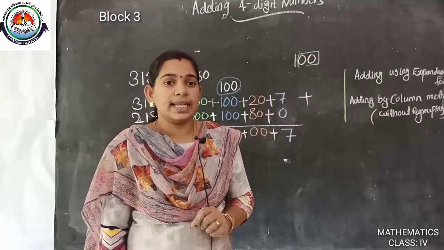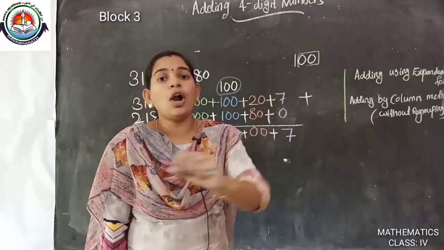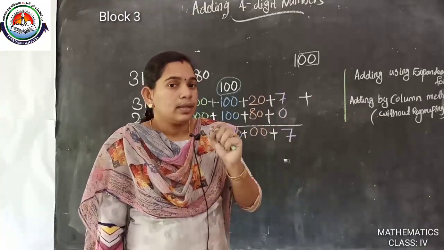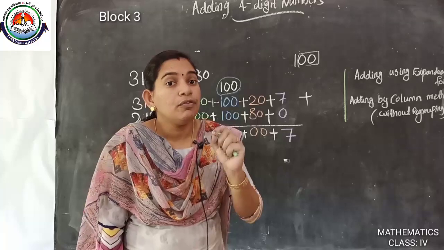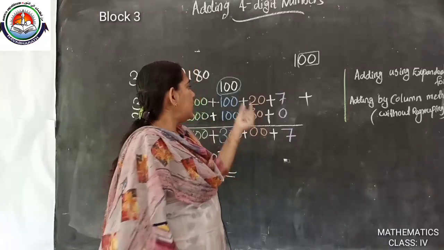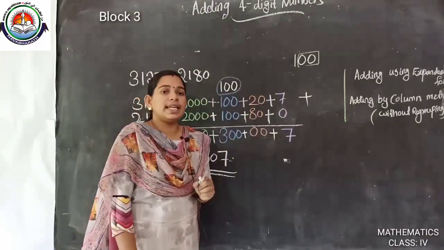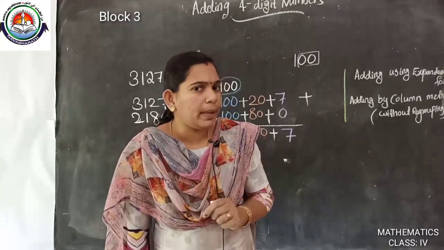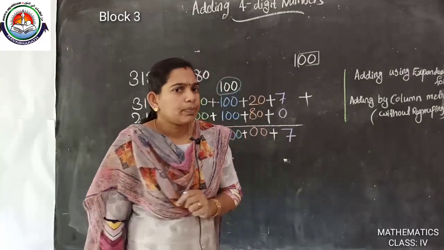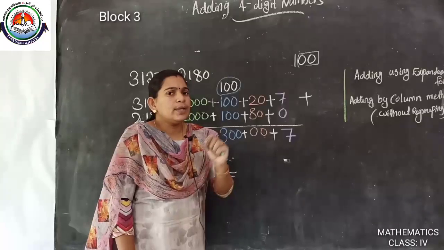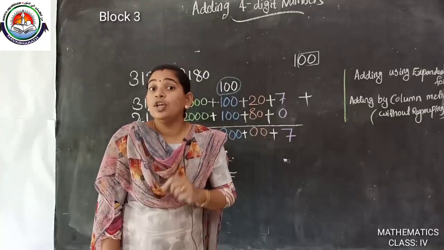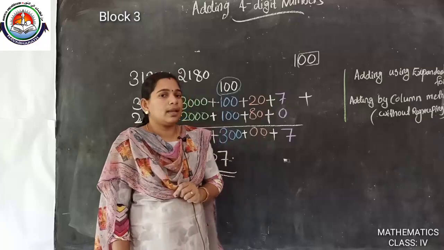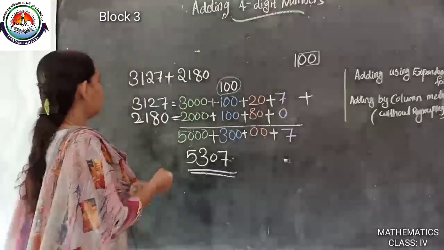Direct numbers we call the adding column method with regrouping. Here a carry is there, so we say with regrouping. What is our topic? Today's topic is adding using column method with regrouping. Okay.